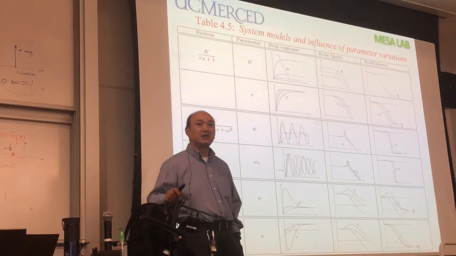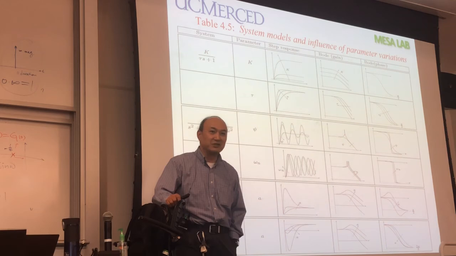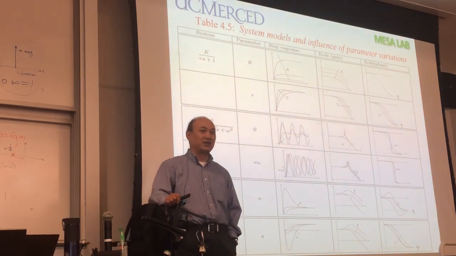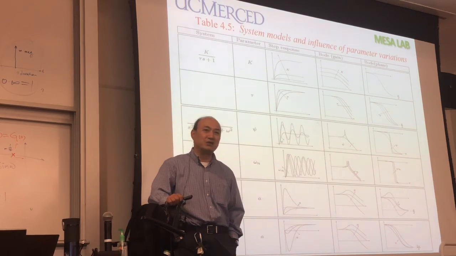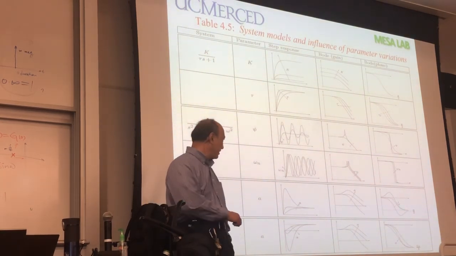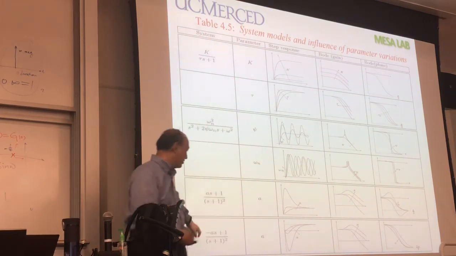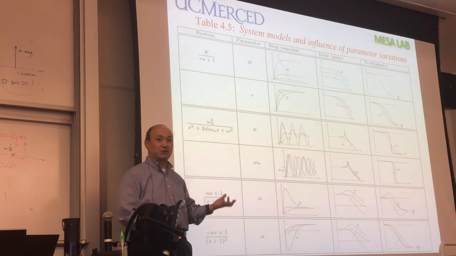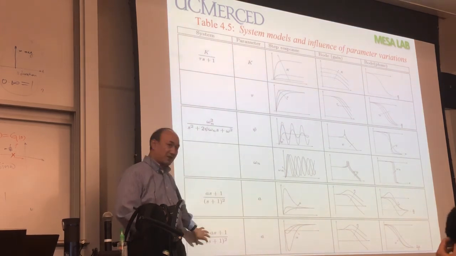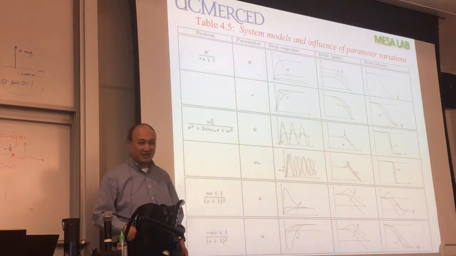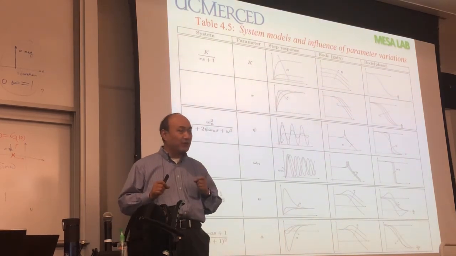Now you understand? I know in the beginning you have no clue why we say non-minimum phase. Because the magnitudes are the same for these two cases, but the phase is different. Which one is bigger? This guy will give you larger phase. This guy will give you minimum. So it's called non-minimum phase.